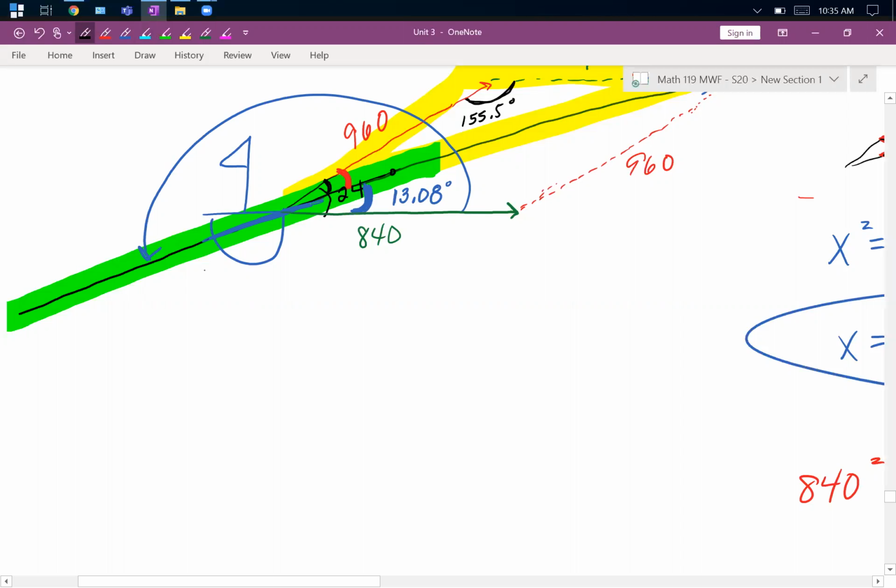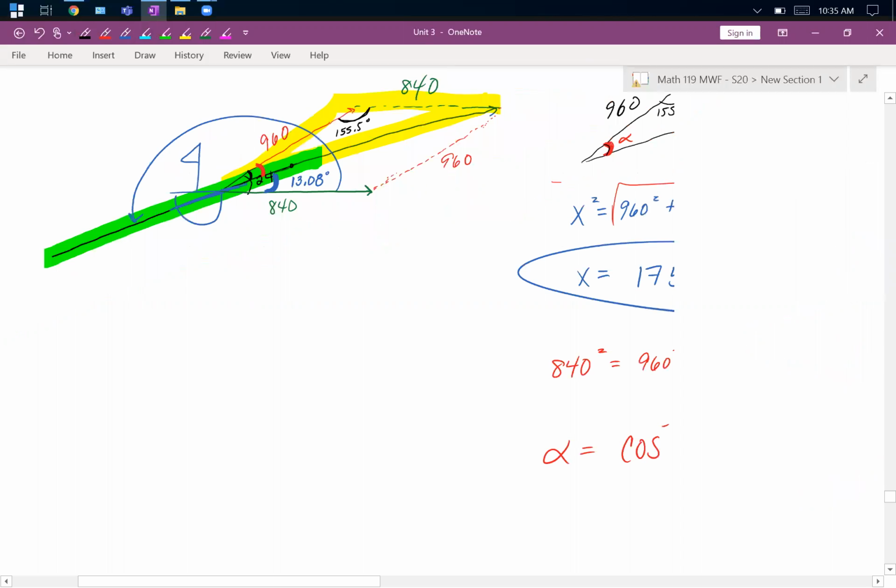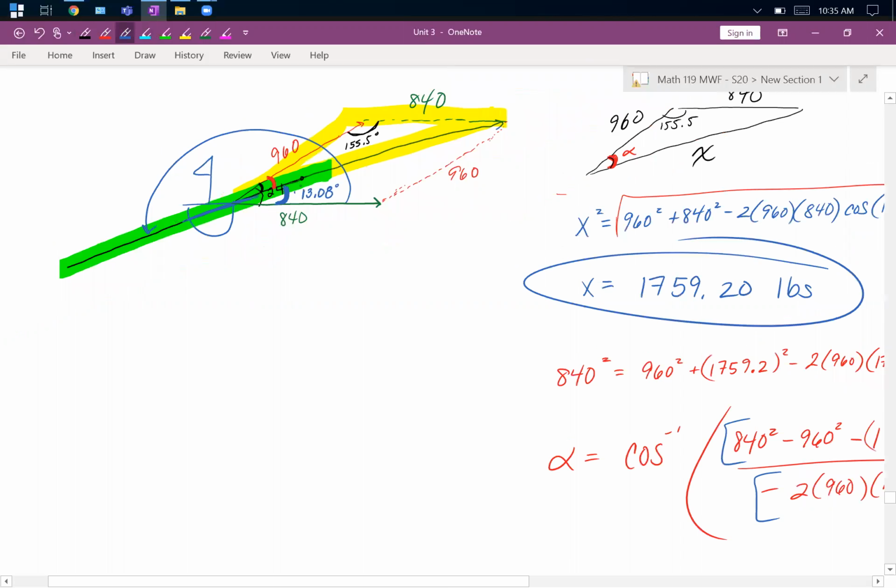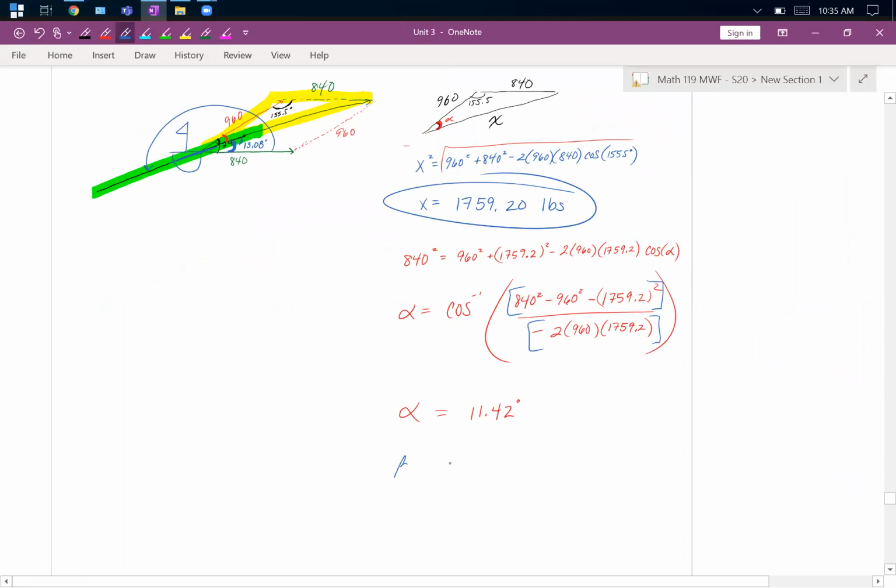To get our direction angle, we need to add 180 degrees to the part of the angle that is from the horizontal, which is that 13.08 degrees. I'll label that beta. So beta is 13.08 degrees, and now we add 180 degrees to go in the opposite direction.